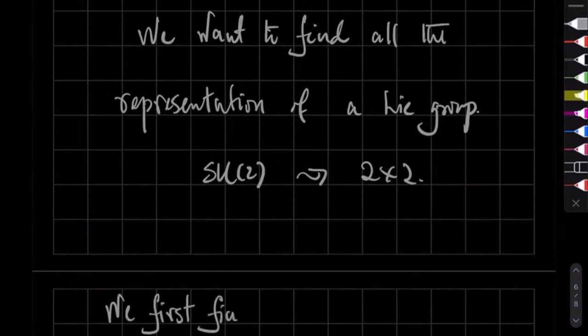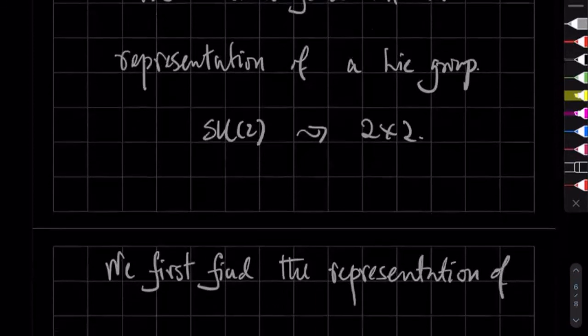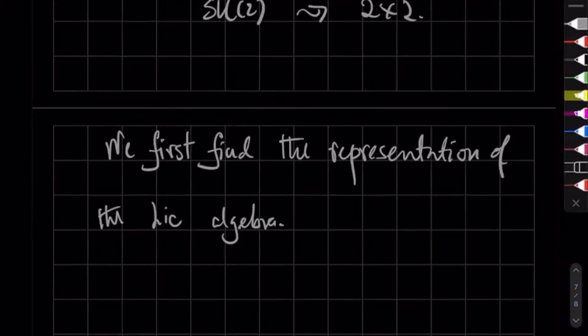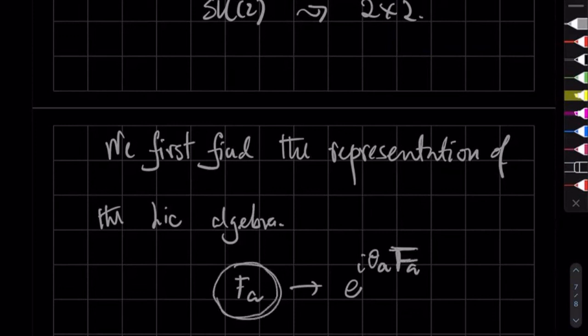Suppose we already found a representation, called the adjoint representation, which I called FA. Once I find that representation, I can find the Lie group element by using our formula to bridge. So if I find the representation of the Lie algebra, I get the representation of the Lie group.